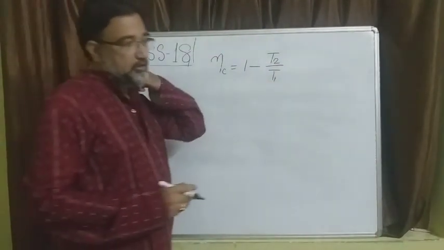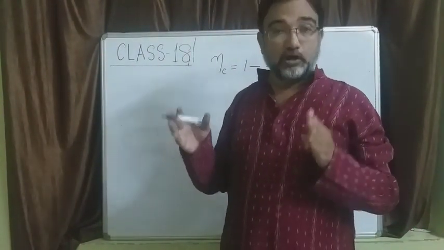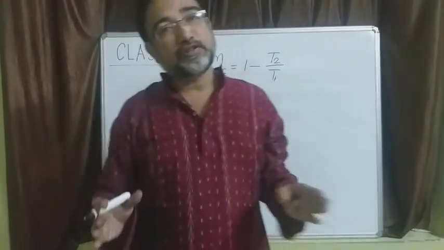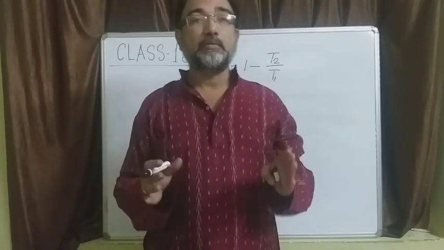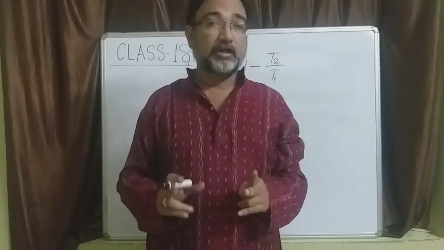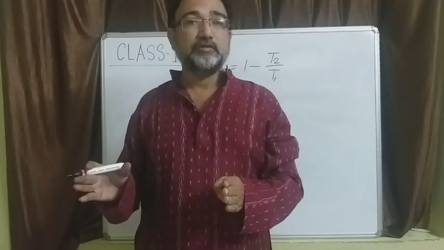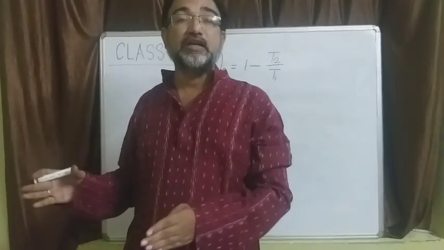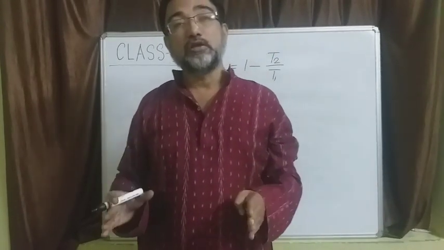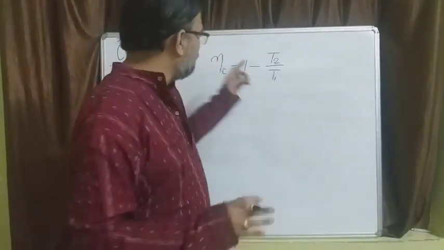So for a fixed source temperature and sink temperature, the theoretically maximum possible efficiency value is fixed. You cannot tamper with that because T1 and T2 are fixed. So 1 minus T2 by T1 is also fixed. Only thing is that you have to ensure, and I am telling it repeatedly, that the temperature terms, if given to you in degree centigrade, must be converted to Kelvin values. Then only you can use them in toto in the 1 minus T2 by T1 expression. Okay. Now look at this expression.